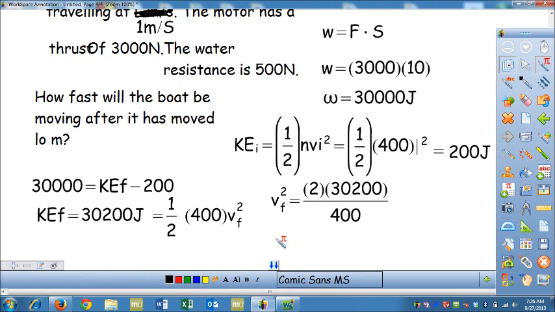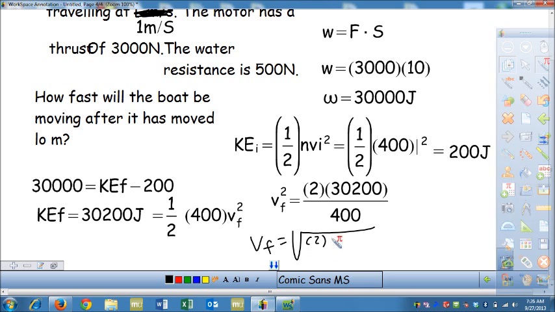So v final equals the square root of 2 times 30,200 over 400.